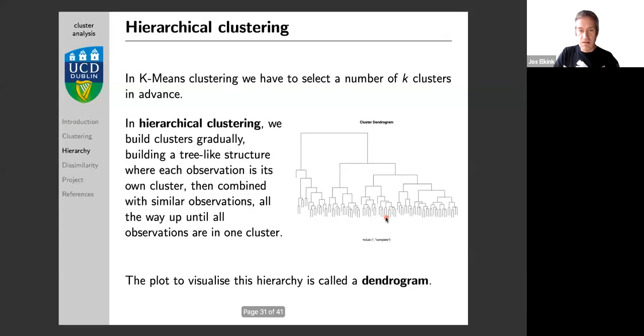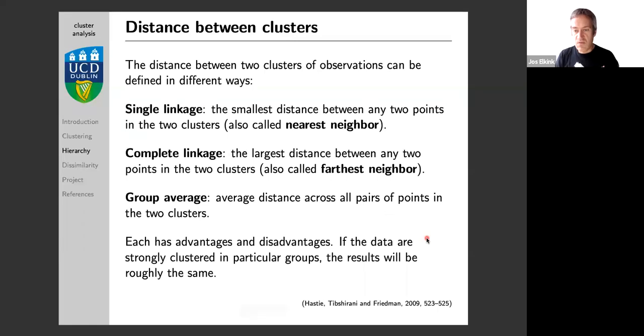So in the slides, I outline these three methods. Single linkage refers to the smallest distance between any 2 points in the 2 clusters. So we take the distance between 2 groups of points as the distance between the point in group 1 that is closest to group 2 and the point in group 2 that is closest to group 1.